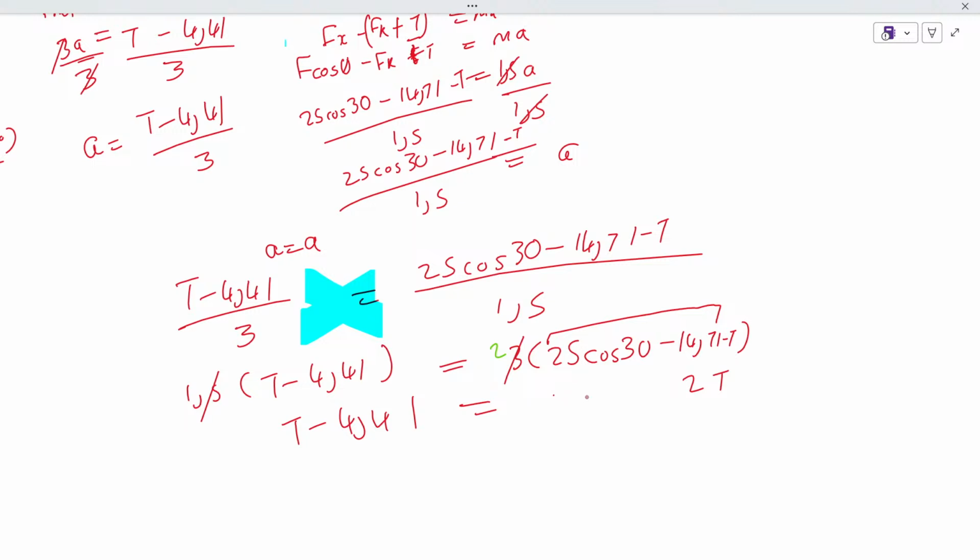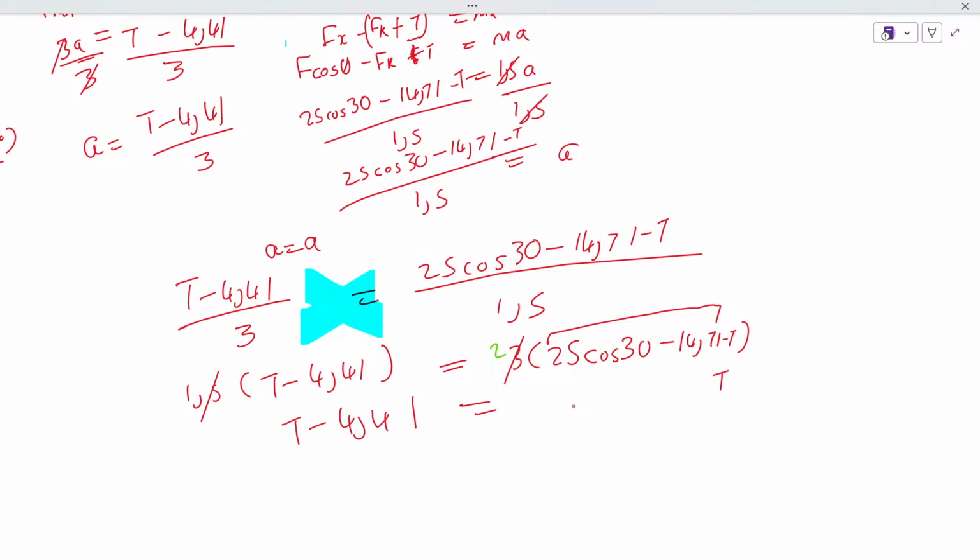28.59, eh? Okay. So you did it like this. 2 times 25 cos 30 minus 14.71. I'm getting 6.94. Why am I getting different things? When I did it on my calculator, it's 2 times 25 cos 30 minus 14.71.